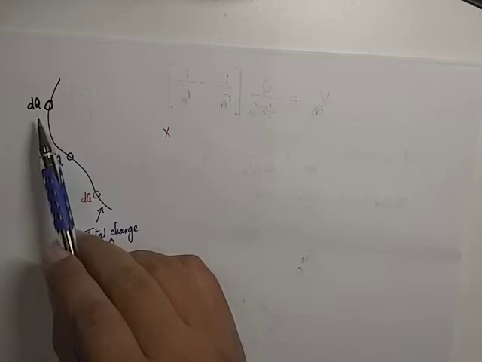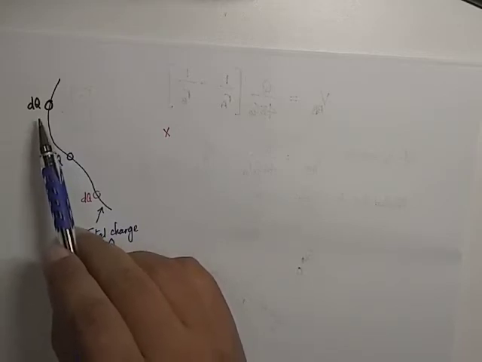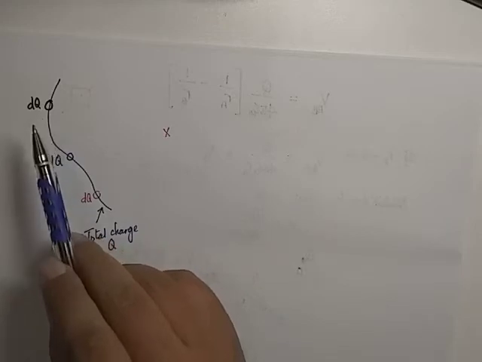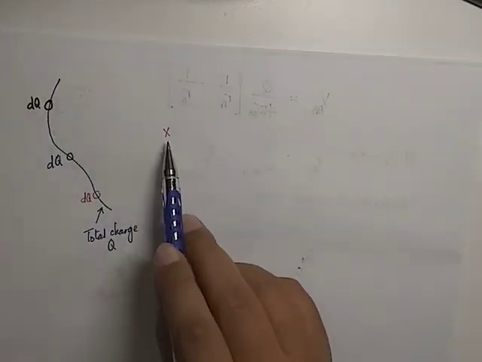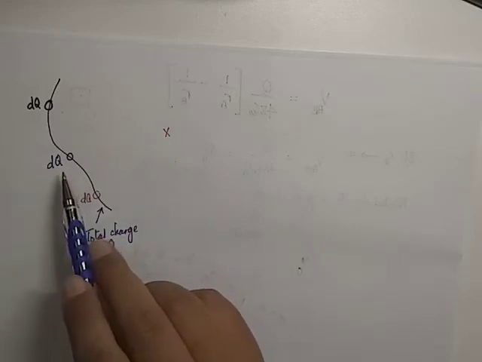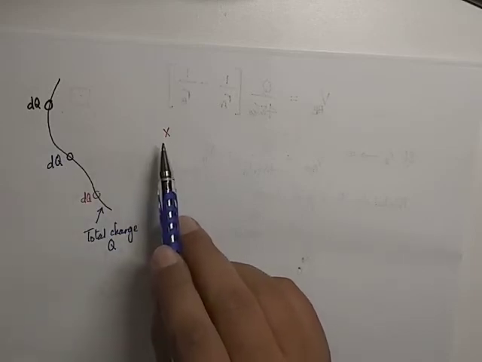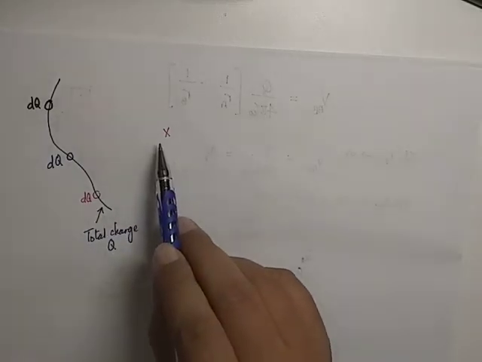Logically, if we have a point charge dq, it's going to produce a potential dV. So this dq produces dV here, black in color. This dq, blue in color, produces another potential dV, blue in color. And the red sample also produces dV, red in color.